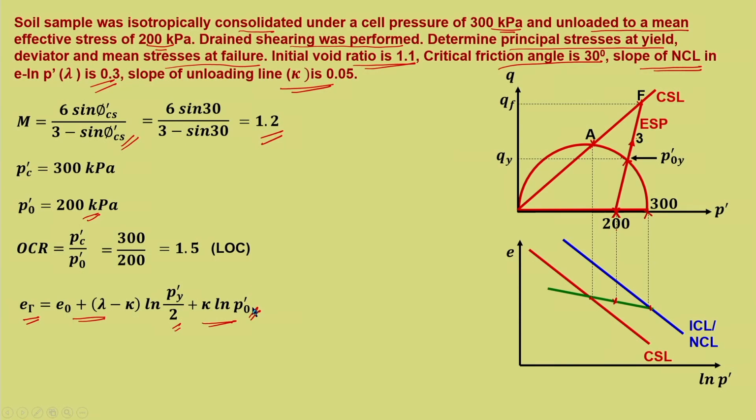P naught dash is the initial stress, p dash y is the yield stress or pre-consolidation pressure, lambda is given, kappa is given, e naught is given, the initial void ratio is 1.1. So we can determine e gamma, which is necessary for solving the failure condition. Substituting, e gamma is 1.1 plus 0.3 minus 0.05 ln 300 by 2, this p dash y being 300, plus 0.05 into ln 200. This will give e gamma equal to 2.62.